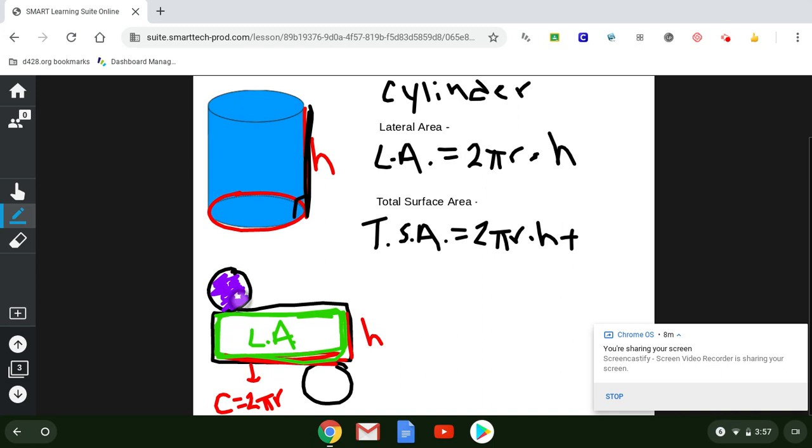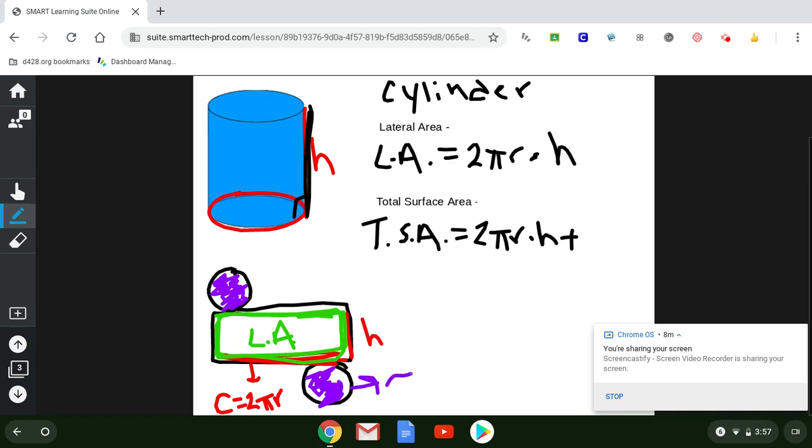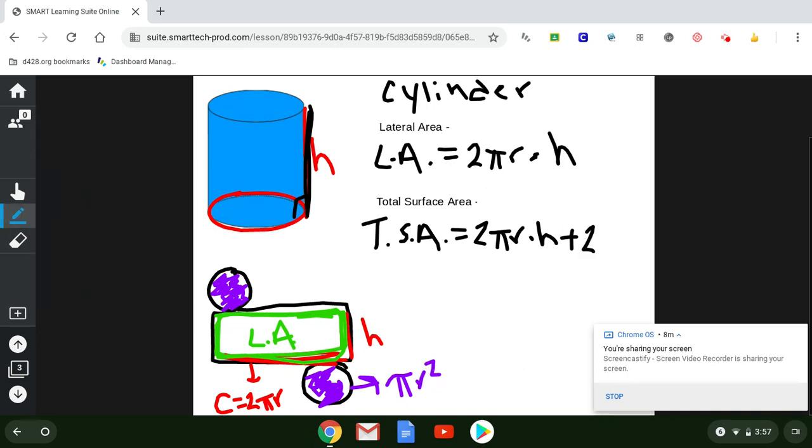Unlike prisms, which can have any type of base shape, in cylinders it has to be a circle base. So I have to find the area of those circles. And the area of a circle is pi r squared, and I have 2 of them. So in my total surface area formula, it's going to be 2 times pi r squared. And that's how I find surface area of a cylinder.